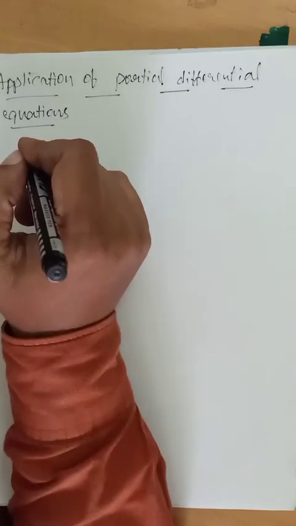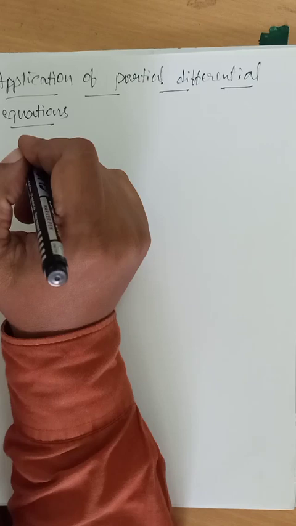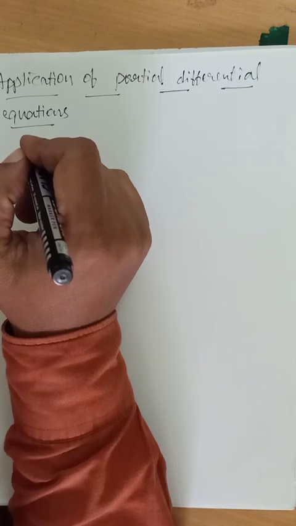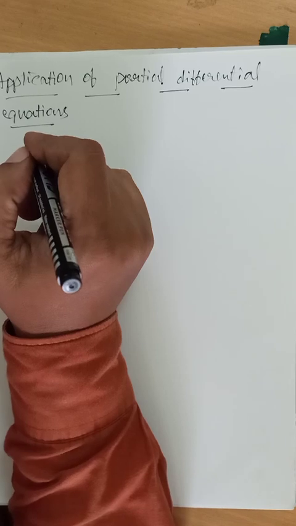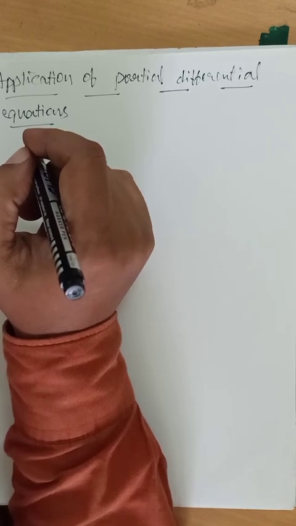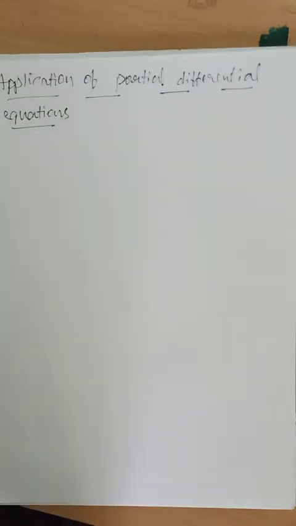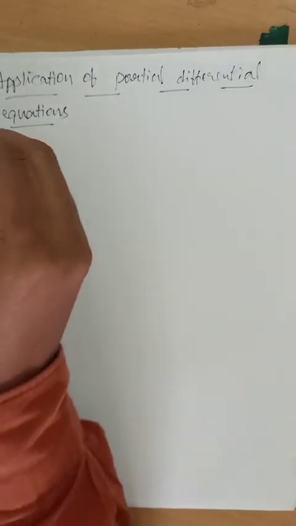Here we have only four derivations. One is the one-dimensional wave equation, another one is the one-dimensional heat equation and D'Alembert's equations, and the two-dimensional Laplace equations.